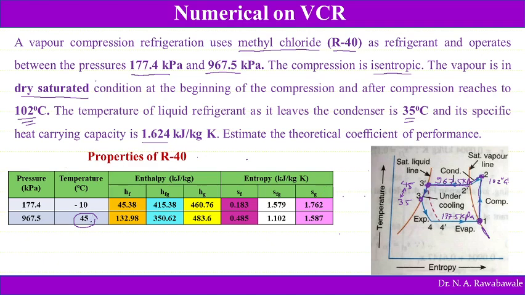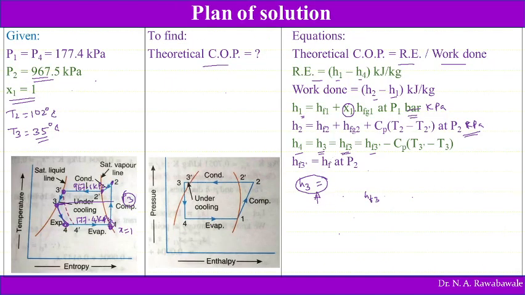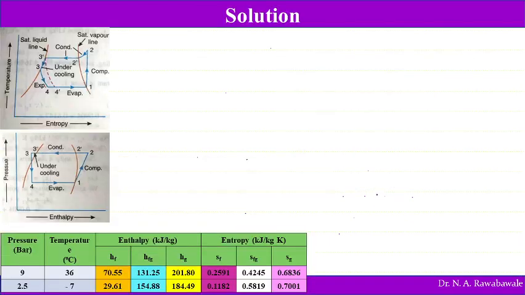If you have the property table of R40 refrigerant, then you can take HF at 35 degrees Celsius, which will give you HF3 directly. Only on the condition that you have the property table for refrigerant R40 is it possible. So now we will start to solve this.